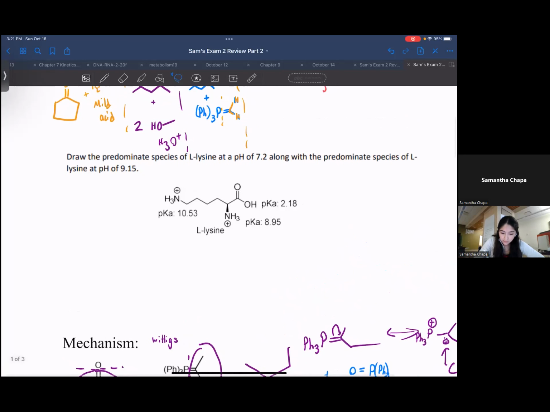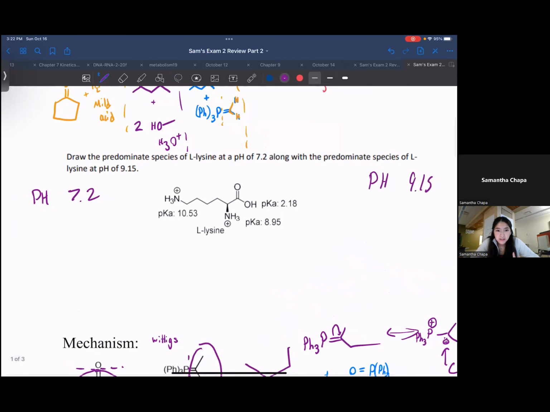All right. These are not too bad. Draw the predominant species of L-lysine at a pH of 7.2, along with the predominant species of L-lysine at a pH of 10.2. Okay.